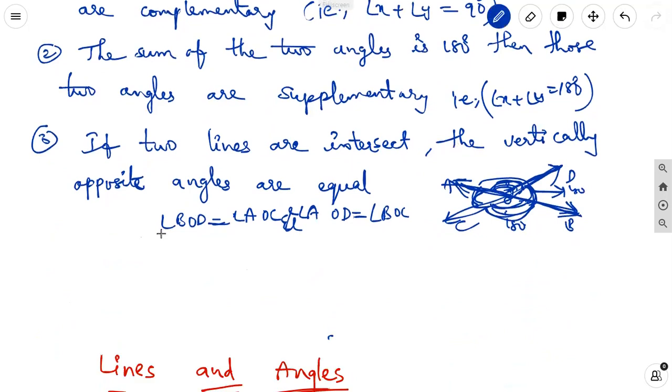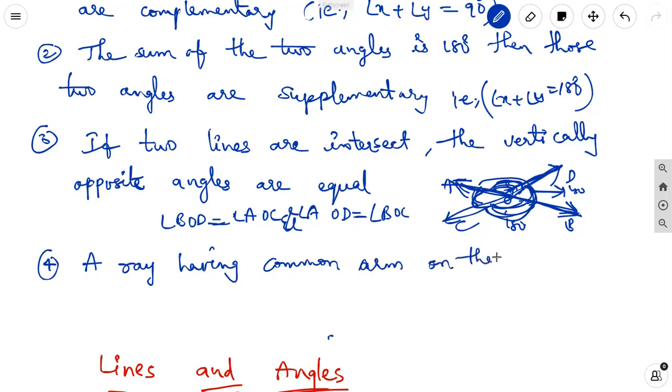In this, if we take any ray having a common line or common arm on the line, then it is a linear pair.